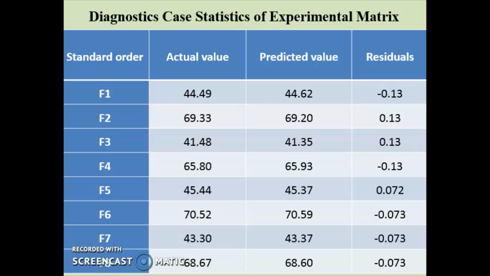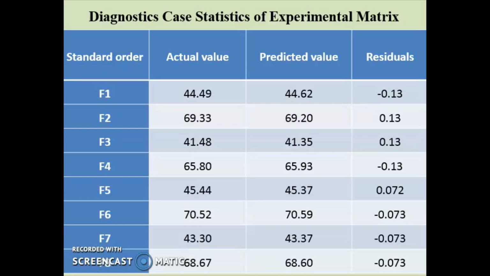As shown in this table, the F1 and F8 batches show the actual value and the predicted value. The actual value is whatever value we get after performing the experiment, whereas the predicted value is obtained from the Design Expert software.